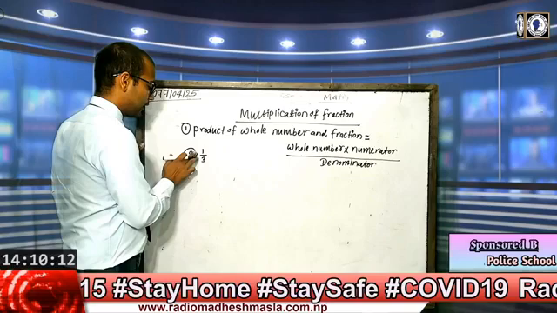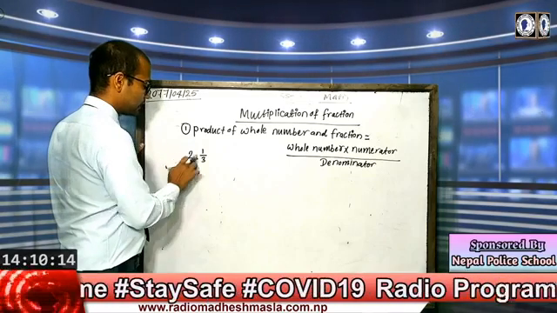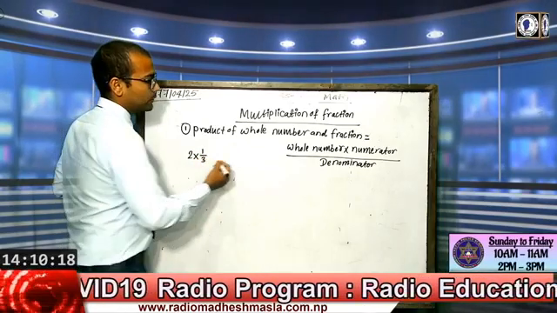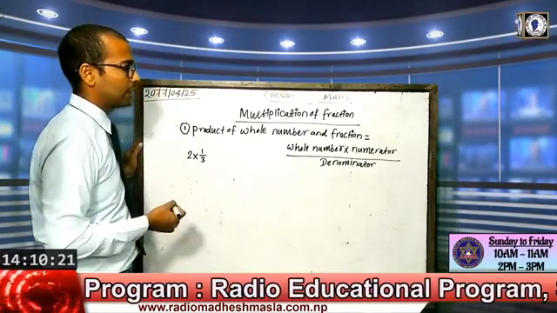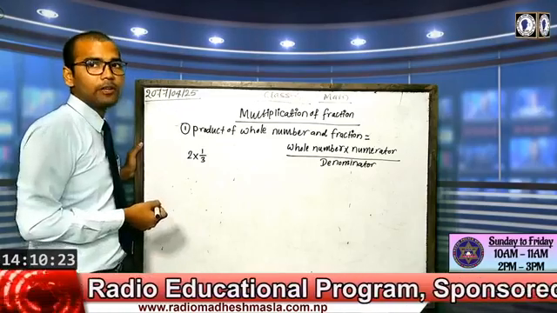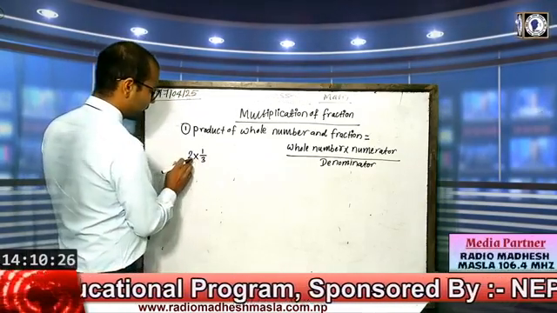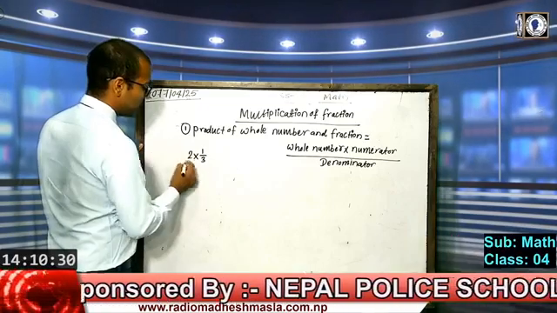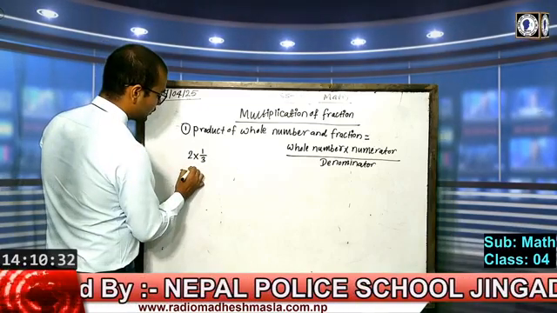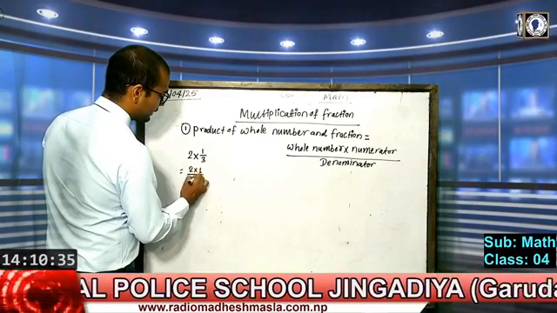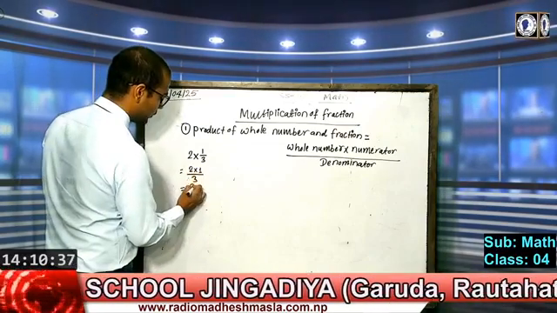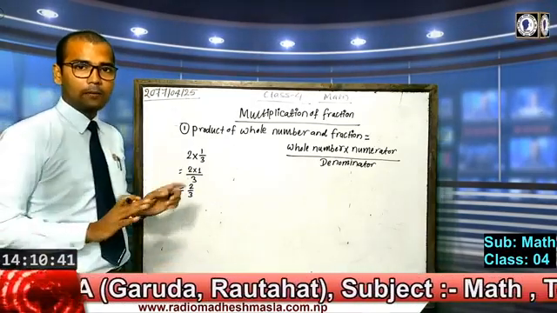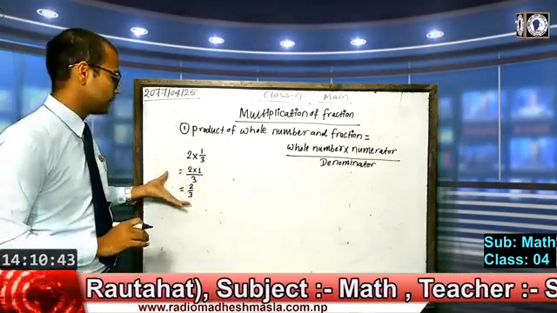To get the product of this type of multiplication, we use this formula: whole number into numerator by denominator. What is the whole number here? 2. And what is the numerator here? 1. So 2 into 1 by 3 is equal to 2 into 1 by 3, that is 2 by 3. Students, don't be confused.